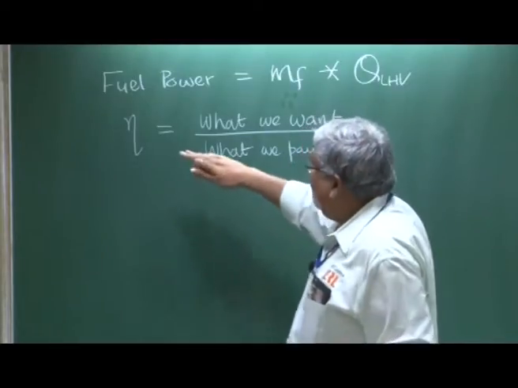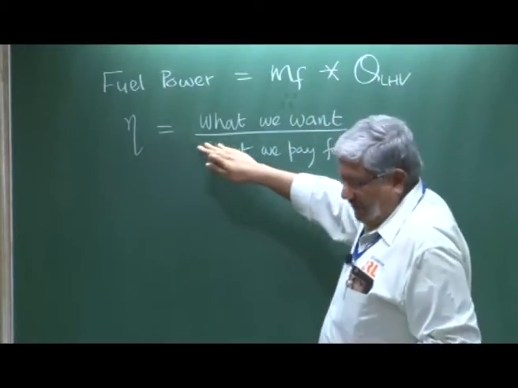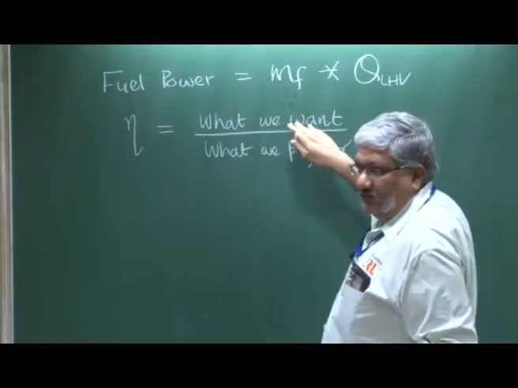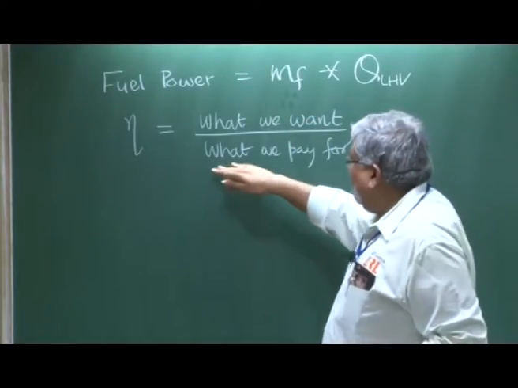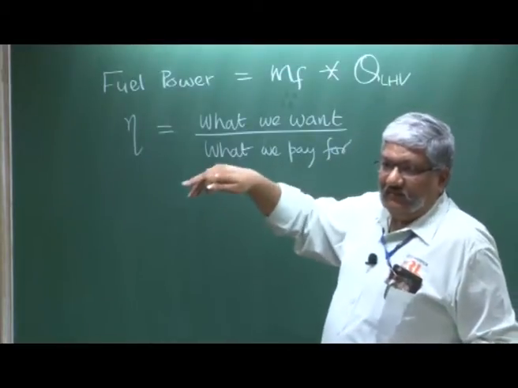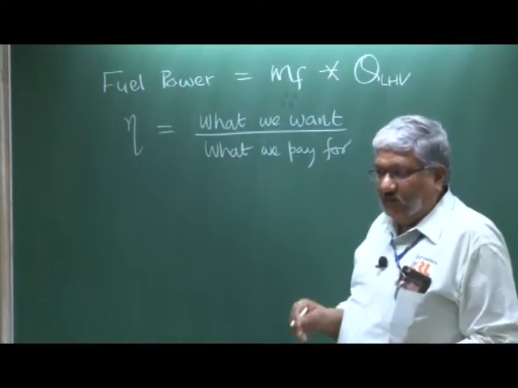The definition of indicated thermal efficiency in this case will be what we want. We want more indicated power. So this will be indicated power divided by what we pay for, which is the fuel power.